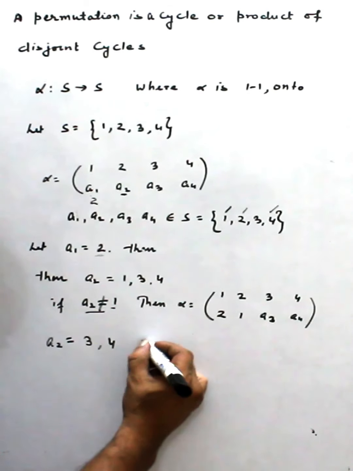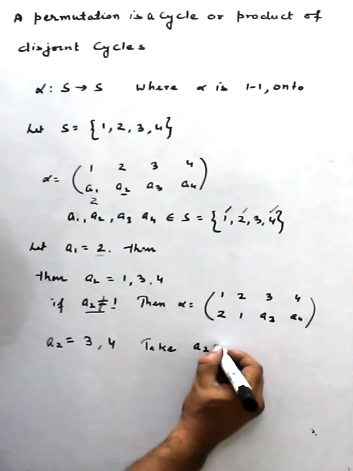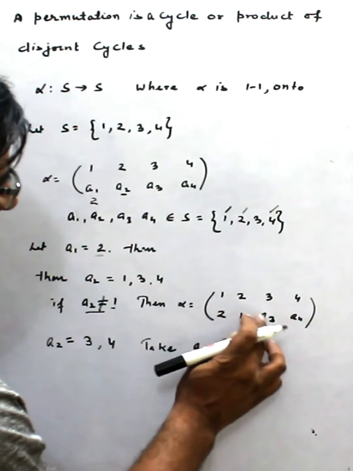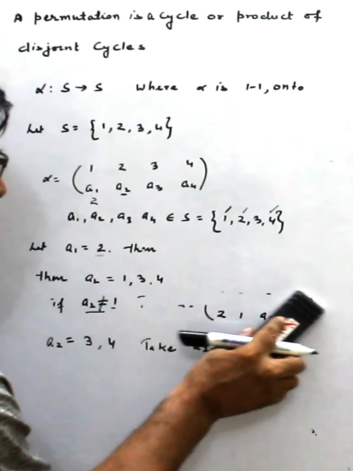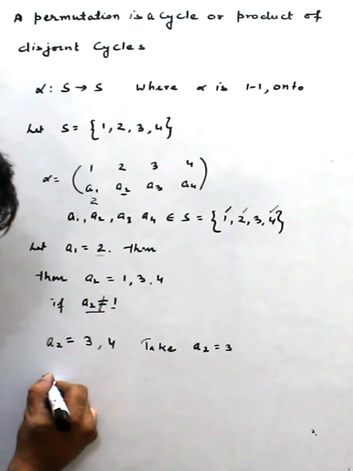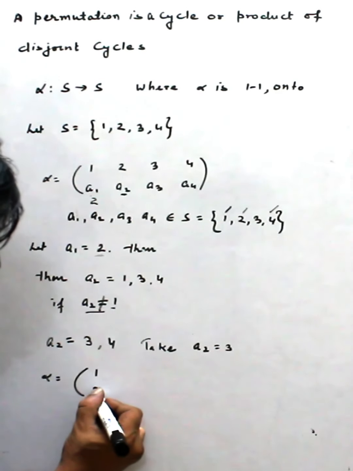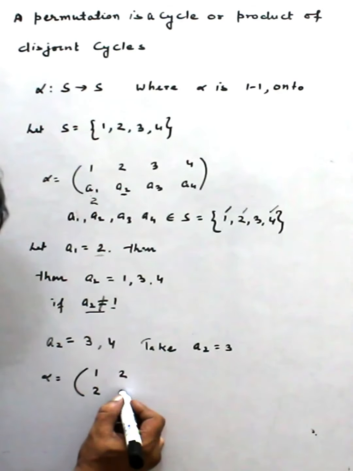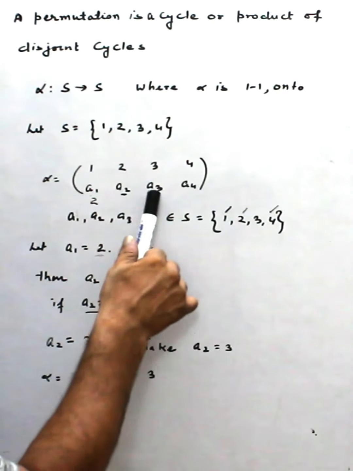So take A2 equal to 3. In this case alpha becomes 1 goes to 2, 2 goes to 3, and this is A3.